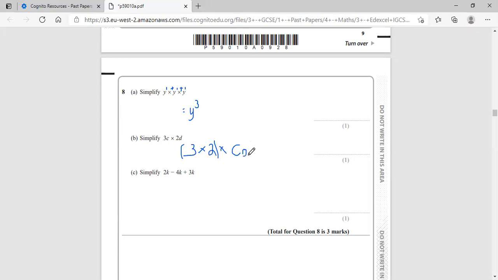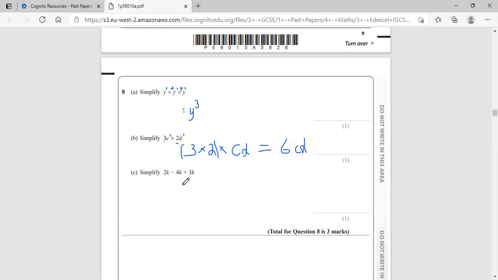And then we can write that out fully as 6cd. And that is our answer. So you just need to combine the numbers and then combine the letters because they're different. If it was 3c times 2c, you'd get 6c squared. Because like I said, these are both c to the power 1, d to the power 1.